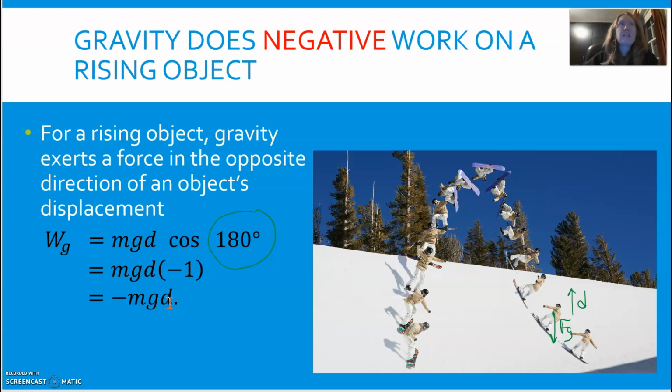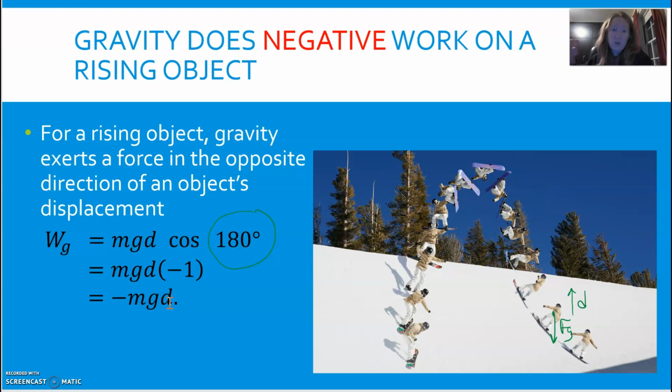Another way to think of it is, if it weren't for the force of gravity, this object could keep going upward at a constant velocity, but there's gravity slowing the boarder down. So they're taking kinetic energy away.